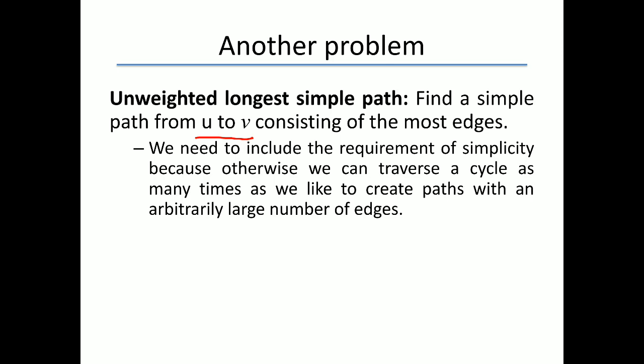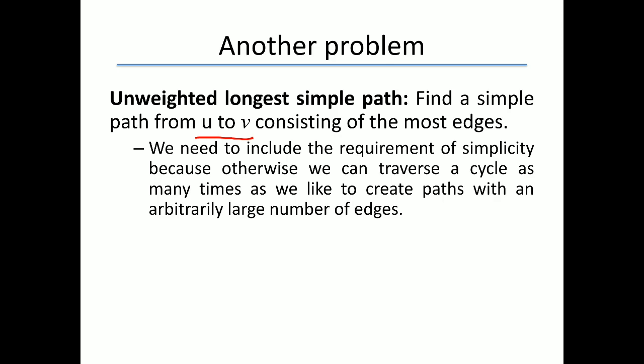So now you might be tempted that since we can assume that from U to V there exists a longest path, let's say P, there may be a chance that if we divide this U to V at some vertex, let's say W, as we have seen earlier, subproblems might have the optimal substructure.